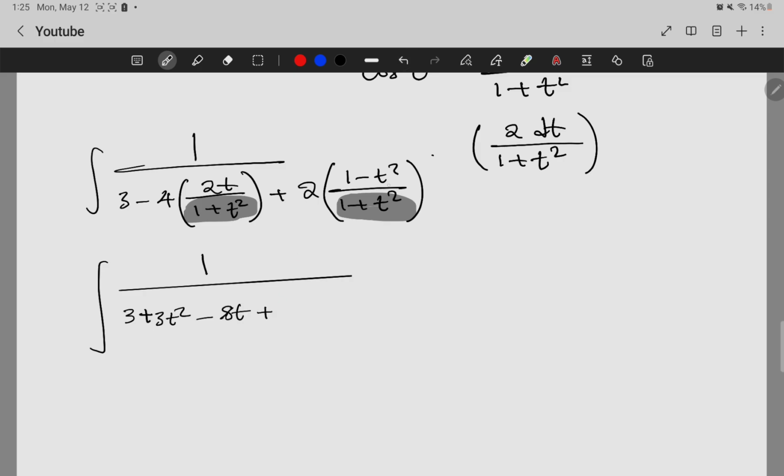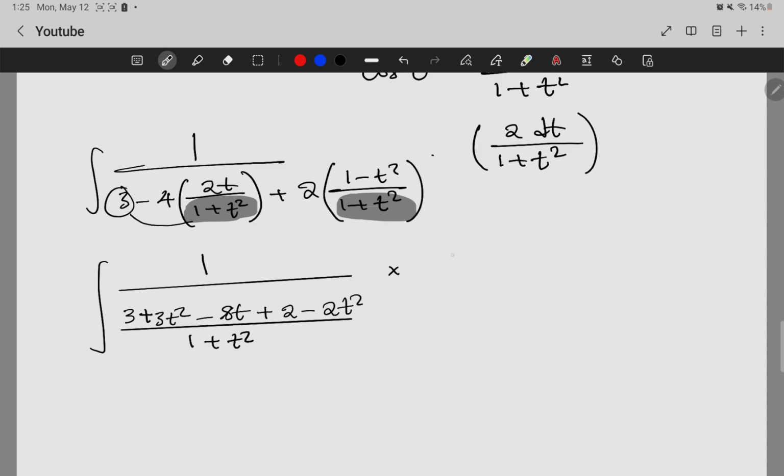Then plus 2 will distribute there to give us 2 minus 2t squared. Basically, I've just multiplied 3 with all this, then distributed the minus 4 to multiply 2t to give us minus 8t, then 2 multiplied by 1 minus t squared. So that now this is all over the common denominator, 1 plus t squared.